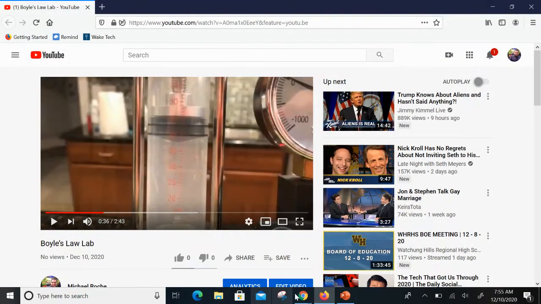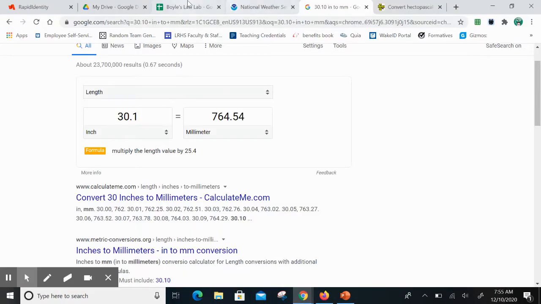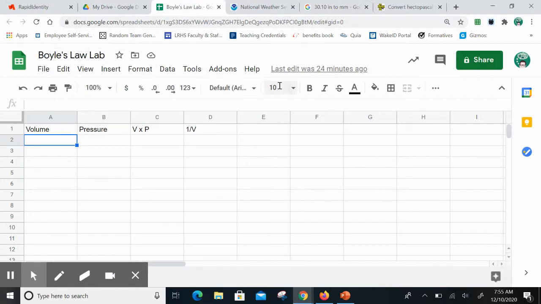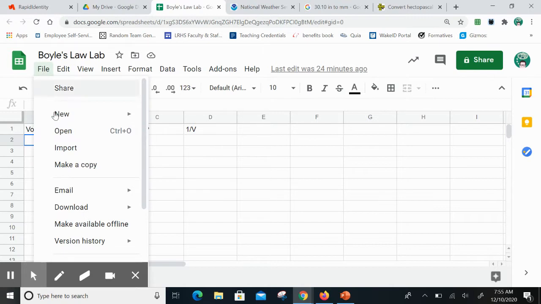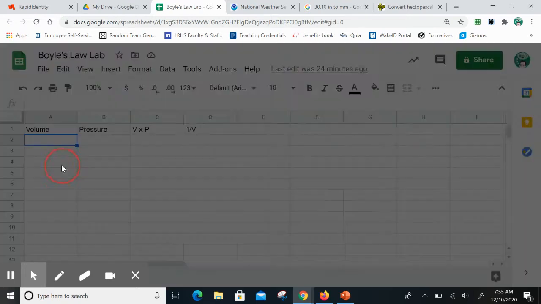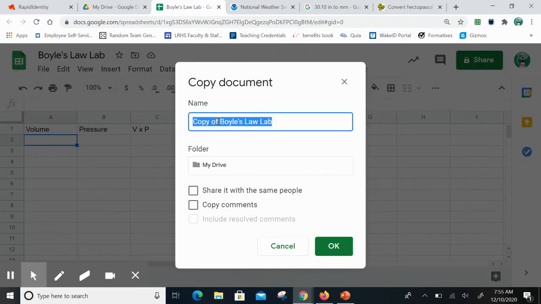Actually, then on your data sheet, you've got a Boyle's Lab spreadsheet. What you will want to do is make a copy. It should have forced you to make a copy if I did it right. What I want you to name it is your period first, so either a two, three, or a four, and then your last name.